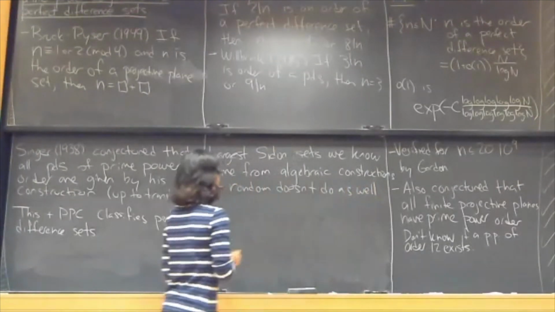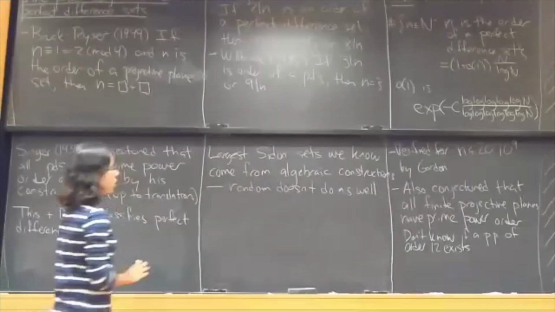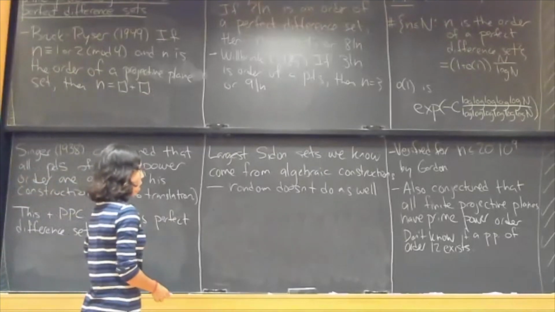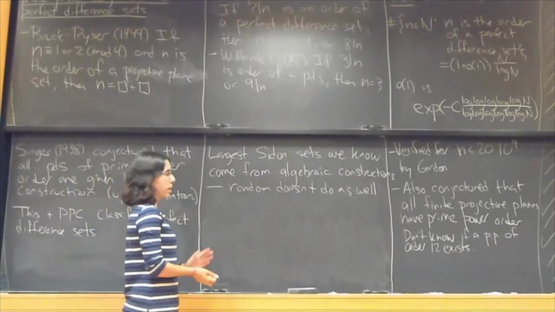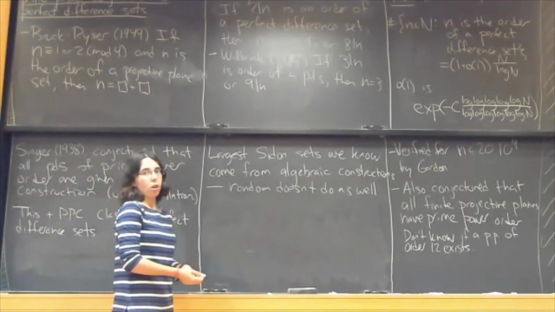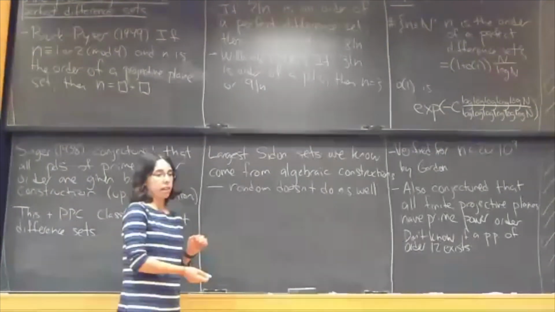So there are a lot of different algebraic constructions. Like there's this Singer one, and if you want one in the integers, one way to get a large Sidon set is to take the graph of a quadratic in the integers mod p cross integers mod p, and then project it down to the integers.